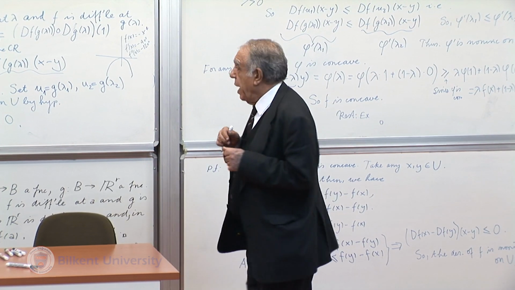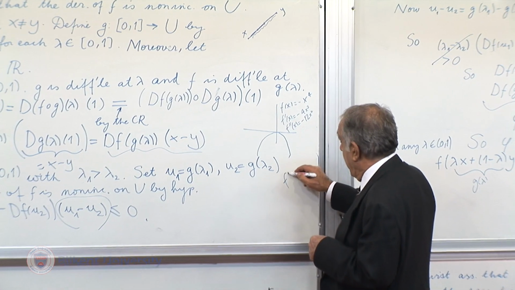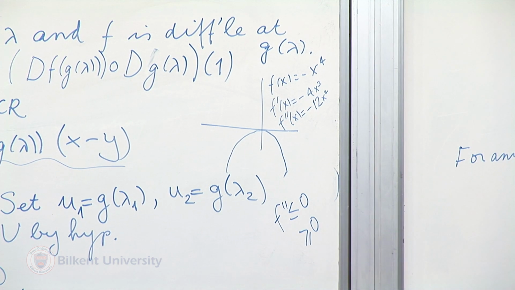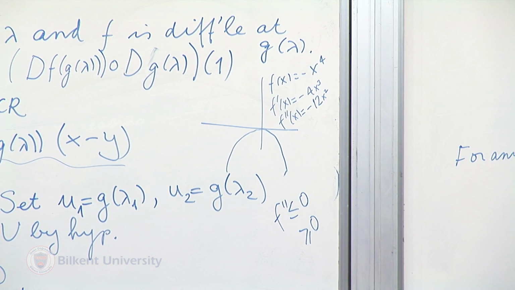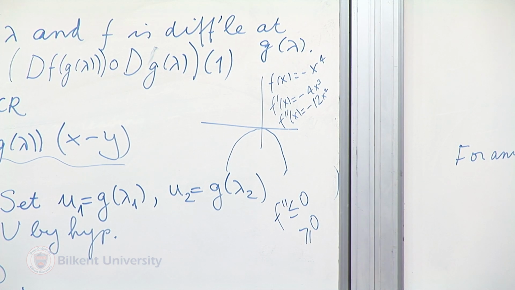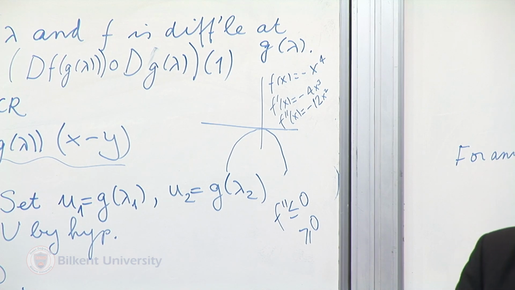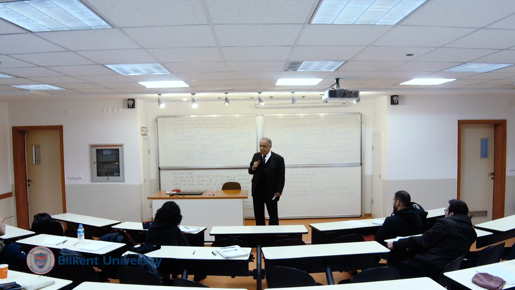But in order to have the counterpart of f double prime less than or equal to 0 or larger than or equal to 0, we need to introduce, in the generalized context, the second order derivative. Now, the first order derivative, we can refer to that as a linear form. The second order derivative will be related to what one refers to as a quadratic form.